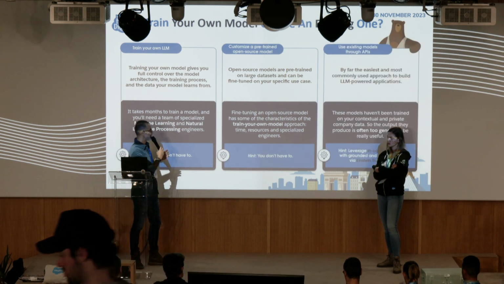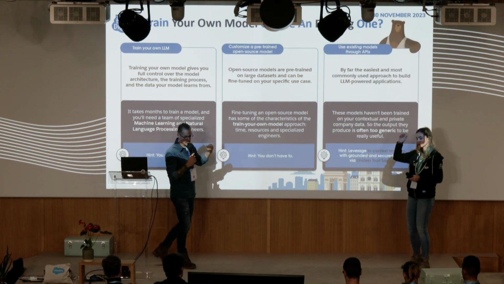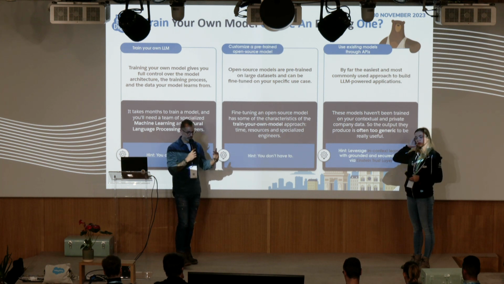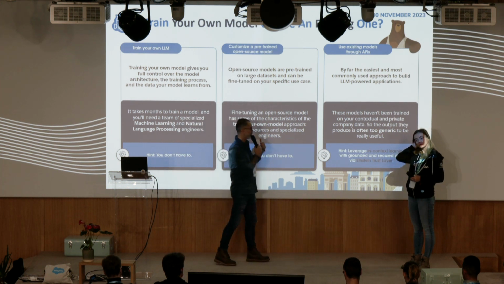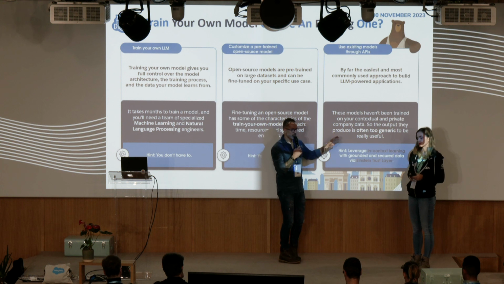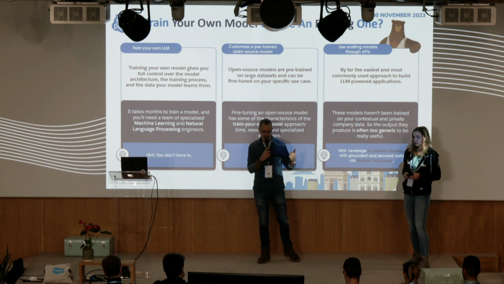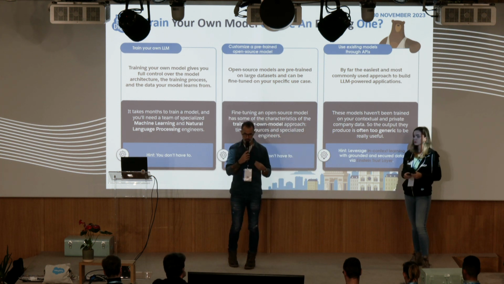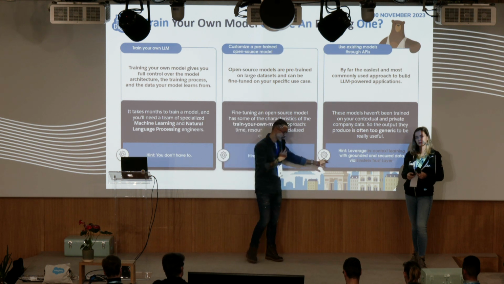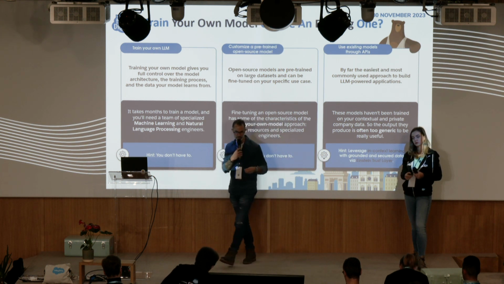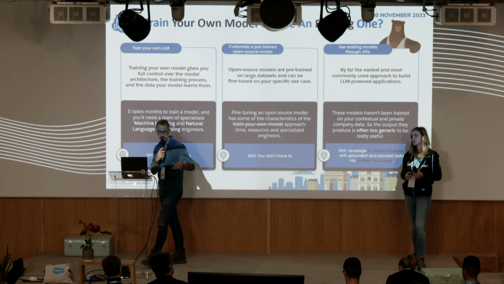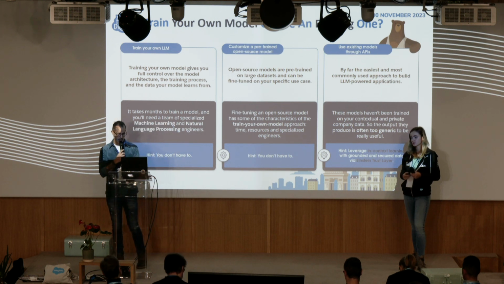The last one, actually the easiest one, is to just rely on an existing model. As I told you earlier, often the output might be too generic because those models are not trained on your data. So what we do is use Einstein Trust Layer to ground the data and secure the data on top of those models. Shortest way.